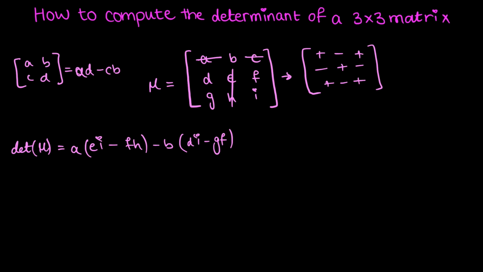And then the final element, C. C's place sign is positive, so I will add it. And then I will multiply it by its minor, so I'll cross out the row and column and compute the determinant of the leftover matrix, so DH minus EG. And that's basically the determinant of this 3 by 3 matrix.